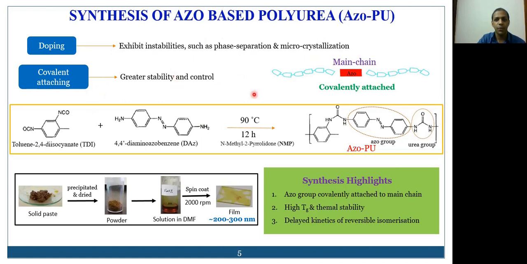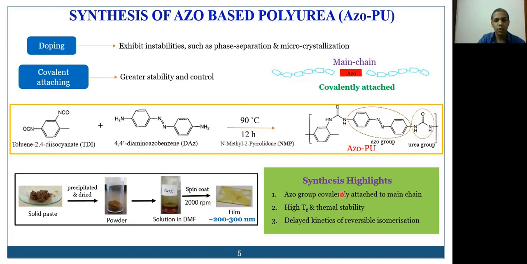So my student has synthesized azo-PU by polyaddition reactions between toluene diisocyanate and diaminoazobenzene in NMP solvent in nitrogen atmosphere. The polymer was produced as a solid paste, which was precipitated and dried into powder form, then dissolved in DMF solvent and spin coated at 2000 RPM into a thin film of thickness 200 nanometers.